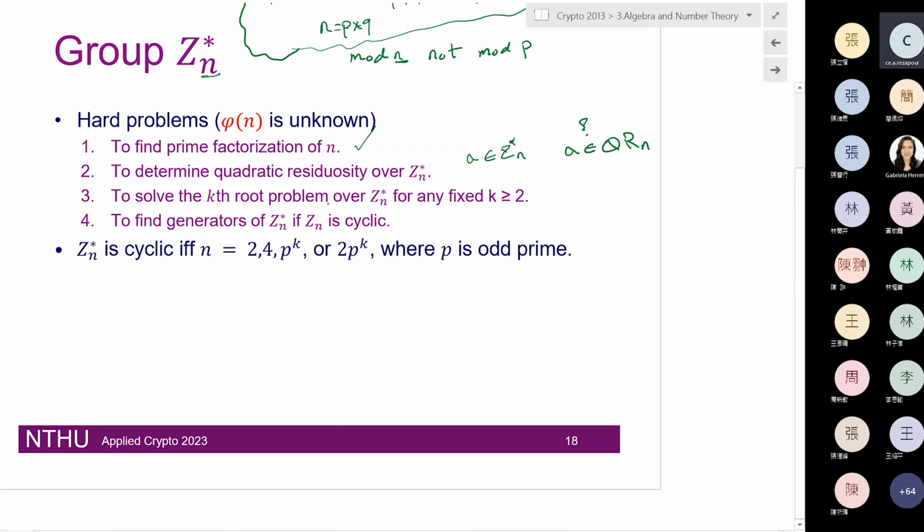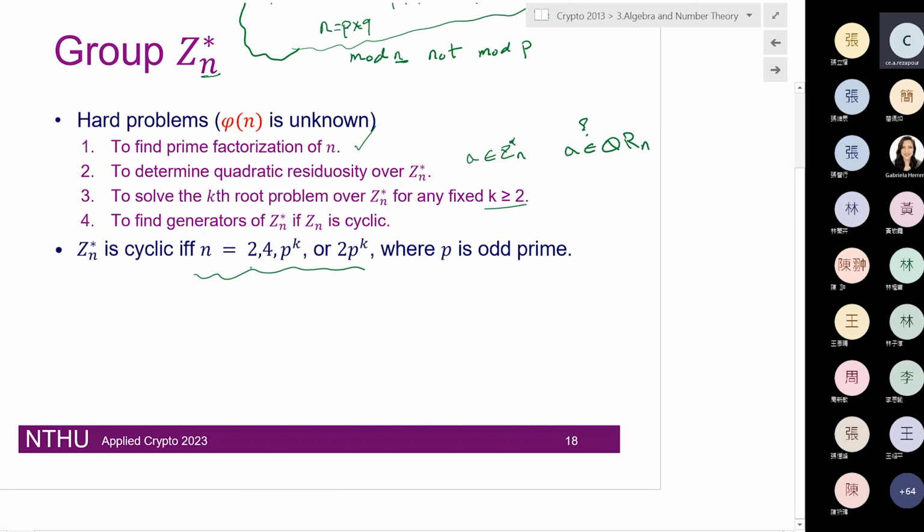Solving the kth root problem, just like the general case for the discrete logarithm problem, is going to be hard as long as k is greater than or equal to 2. Finding generators is also challenging, if Z star N itself is cyclic. For Z star N, there is a rule. We are not interested in the proofs here.